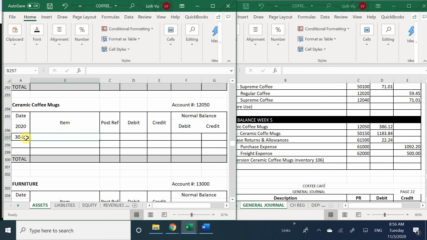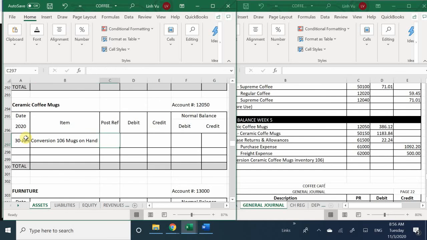So we can say conversion. Conversion, okay. Inventory left 106. Okay, 106 mugs on hand. Okay. Post reference, GJ 2021.